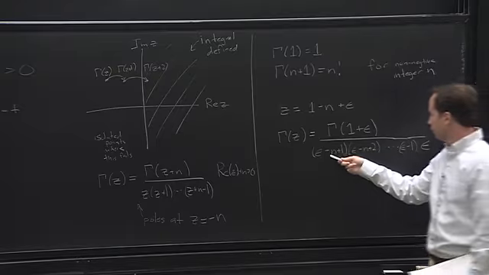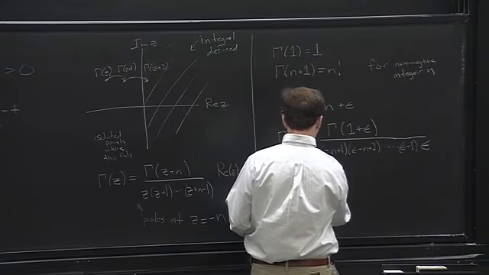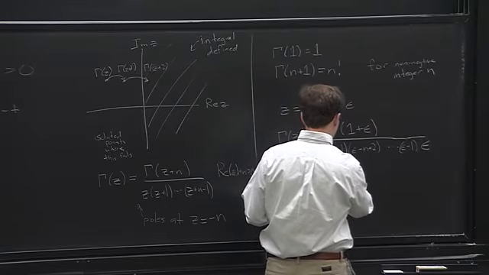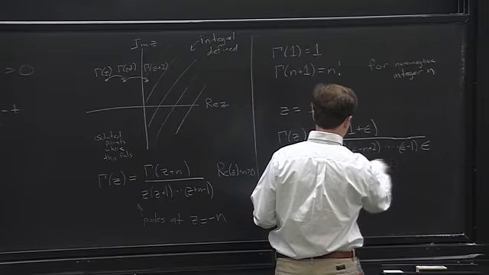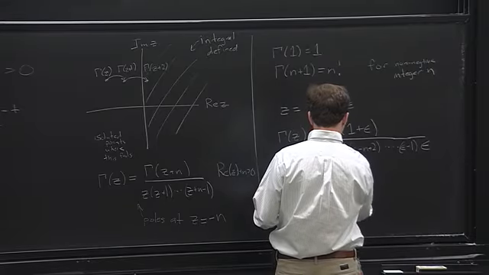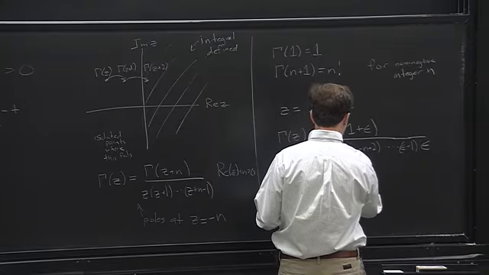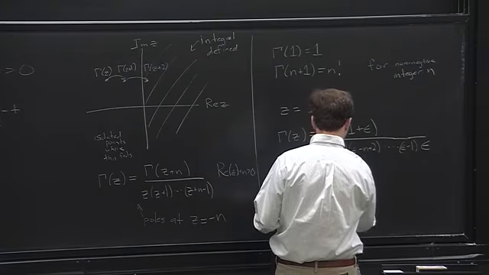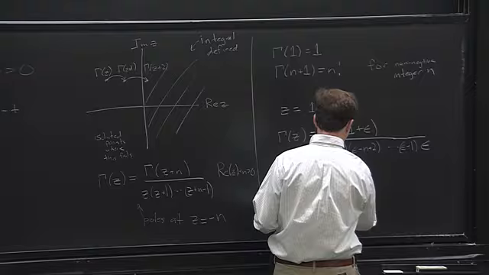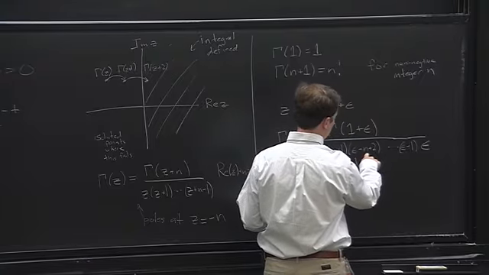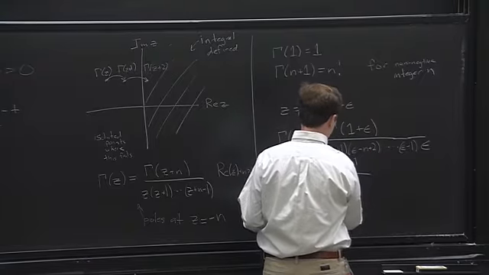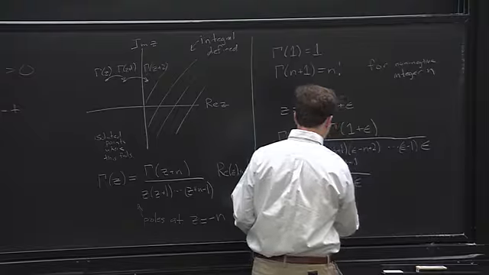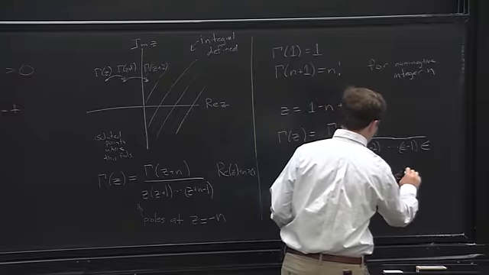And down in the denominator, all of these factors are negative, so we have n minus 1 negative signs. And we've got here an n minus 1, n minus 2, down to 1. So n minus 1 factorial. So it's approximately this as epsilon goes to 0.